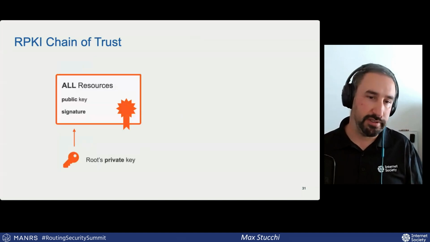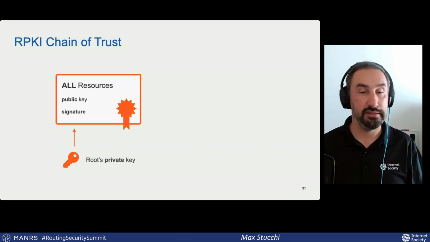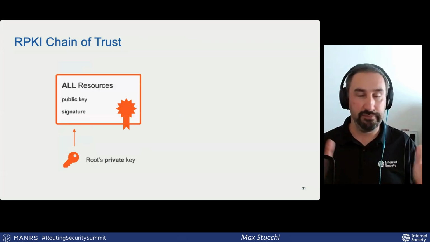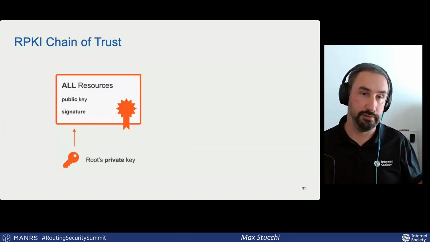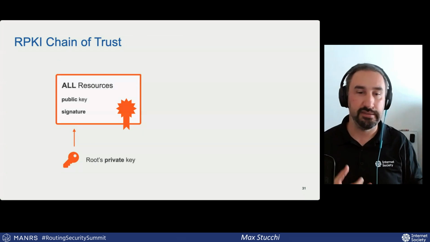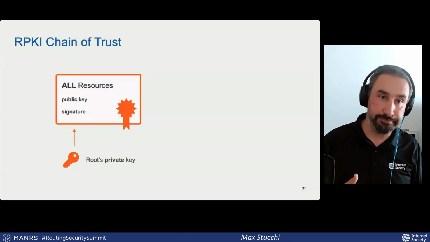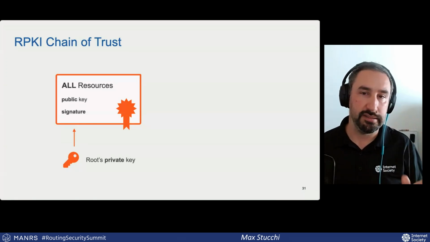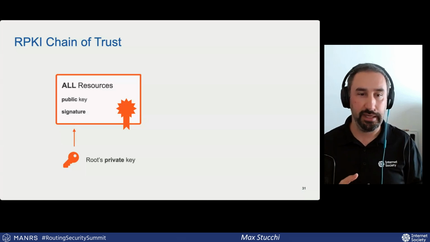So the chain of trust is based on certificates, on certificate authorities. Basically, the RIRs each have a certificate that covers all the resources, so 0/0. It used to be different in the past. In the past, the RIRs had just the coverage of the resources that they held.